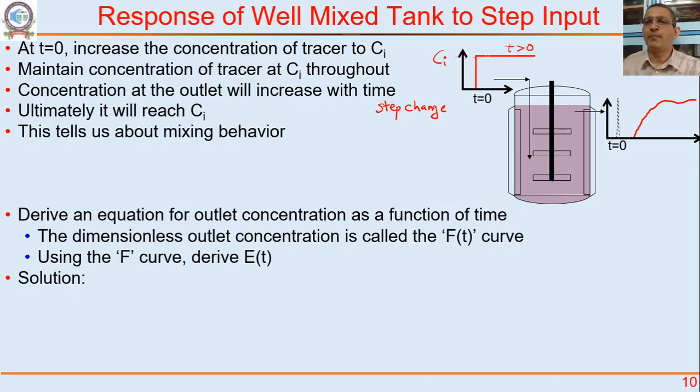This looks like a step in a staircase, so it is called a step change. You gave a step change for flow rate when you studied dynamics of a tank, and a step change in temperature when studying dynamics of a thermometer. You gave a step change in the inlet flow rate when you wanted to study dynamics of two tanks, interacting or non-interacting. Ultimately, if I measure the outlet concentration with respect to time, it will increase and finally become equal to this Ci, the inlet concentration.